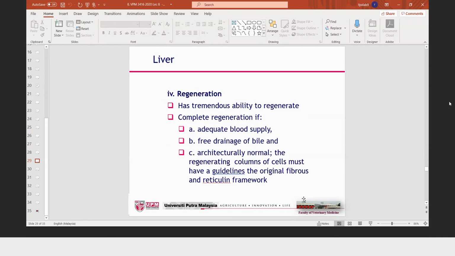The liver is able to regenerate when there is free drainage of bile. And more importantly, they are able to regenerate if the architecture of the liver is normal, meaning that the regenerating columns of cells must have a guideline, the original fibrous and reticulin framework. So the liver is able to regenerate.